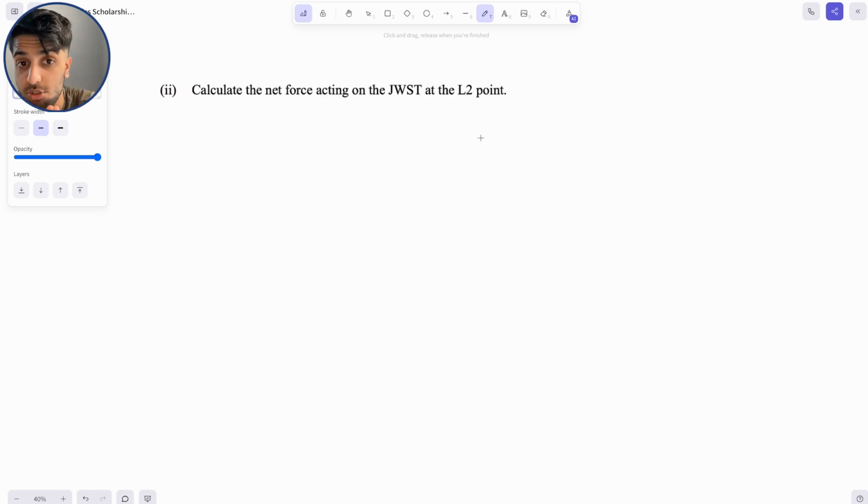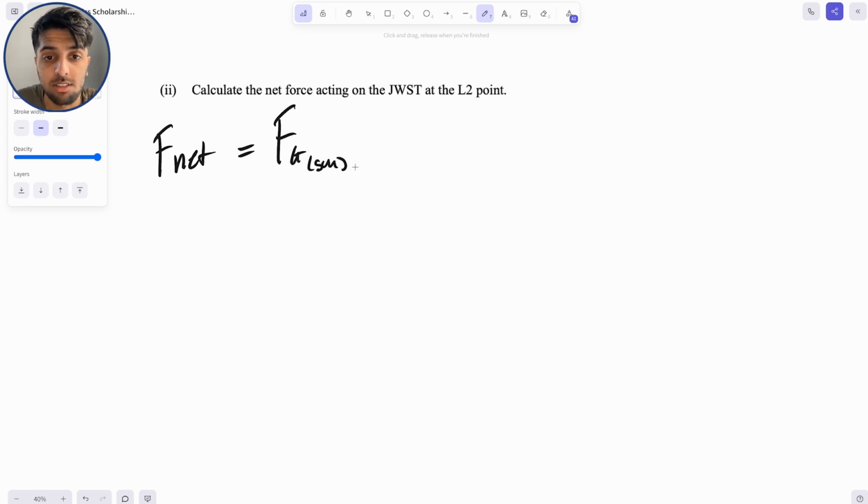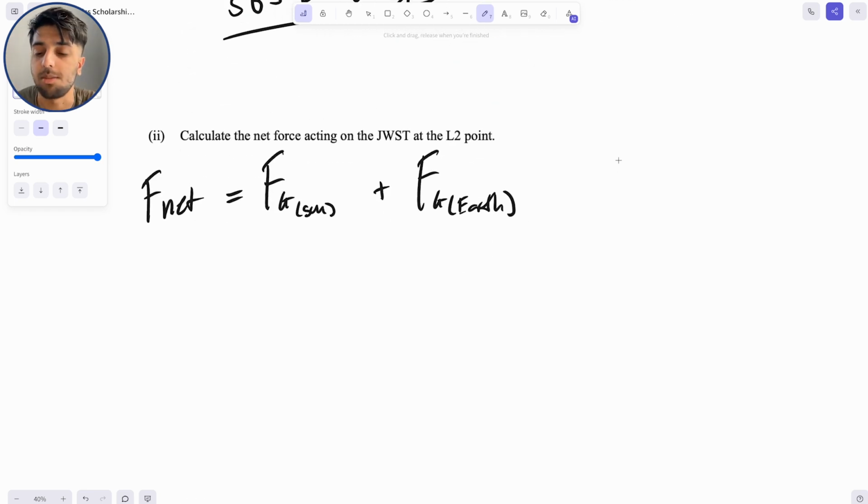Calculate the net force on the James Webb Telescope at point L2. So the net force is going to equal Fg of the Sun plus Fg of the Earth. Fg is equal to GMm over r squared.